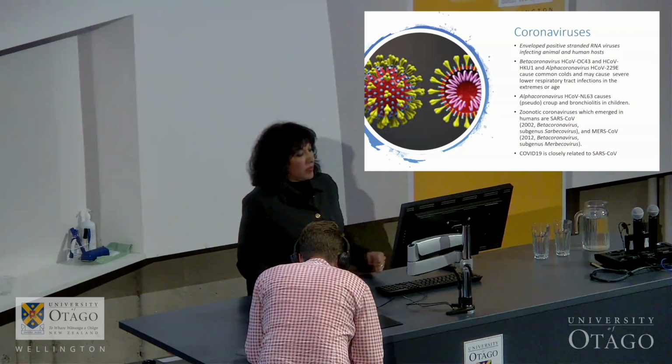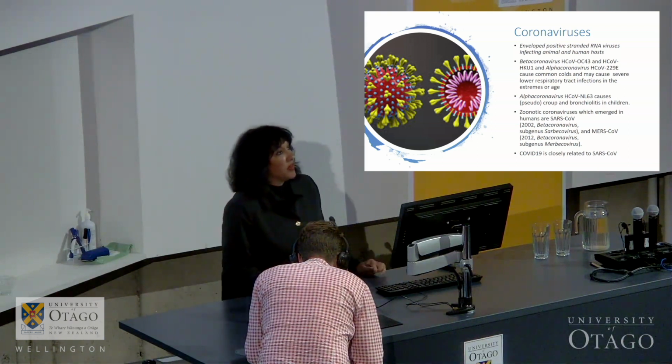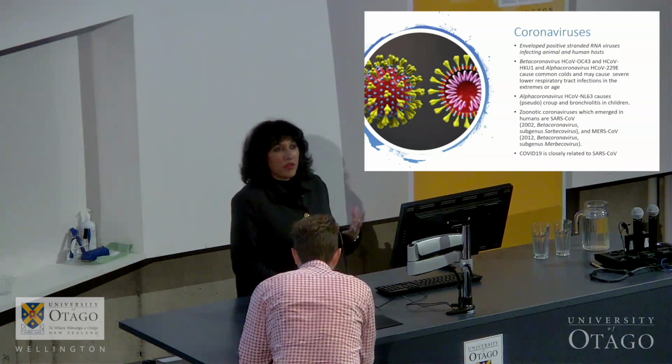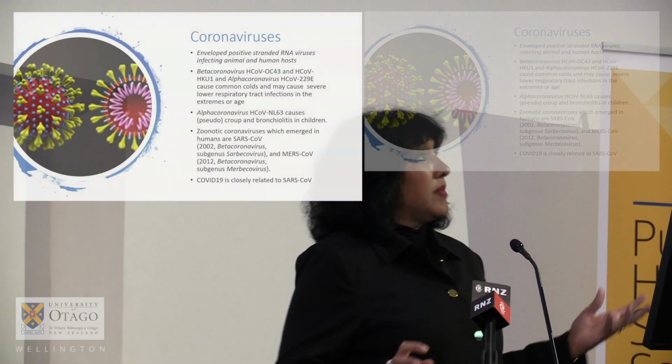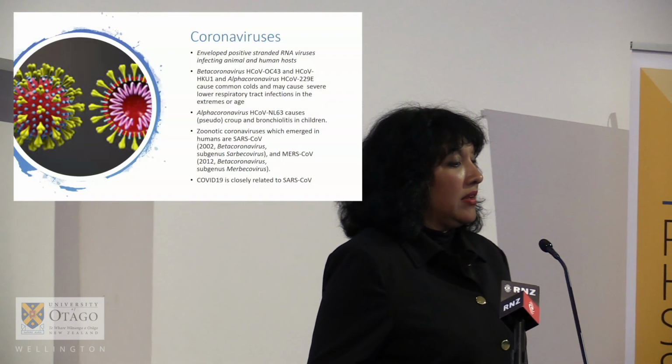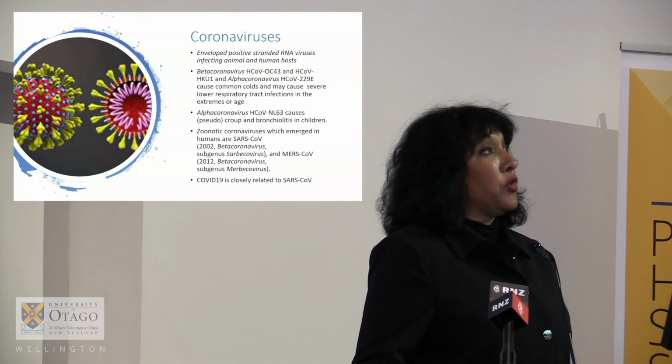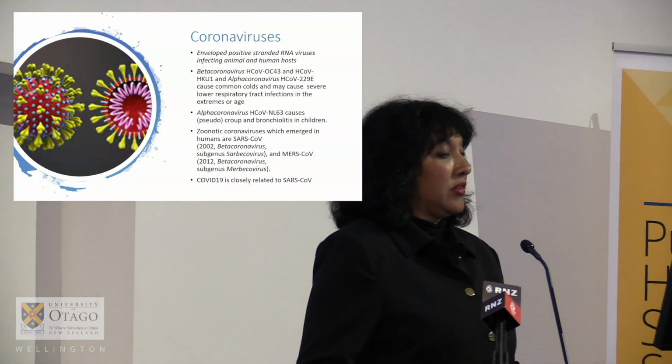We know that beta coronaviruses and alpha coronaviruses cause the common cold. They can cause more severe respiratory tract infection in the extremes of age, in infants and the elderly. And also some alpha coronaviruses cause pseudo-croup and bronchiolitis in children.